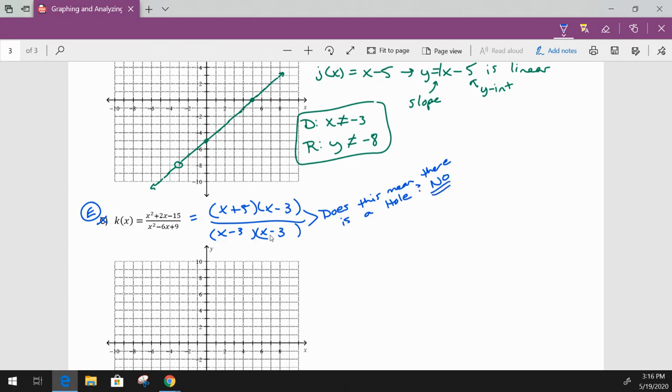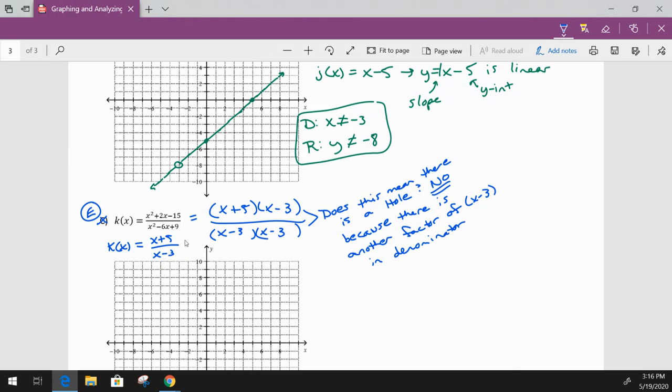Actually, no, because there's another factor of x minus 3 in the denominator. So when we reduce this function, we would get k of x equals x plus 5 over x minus 3.